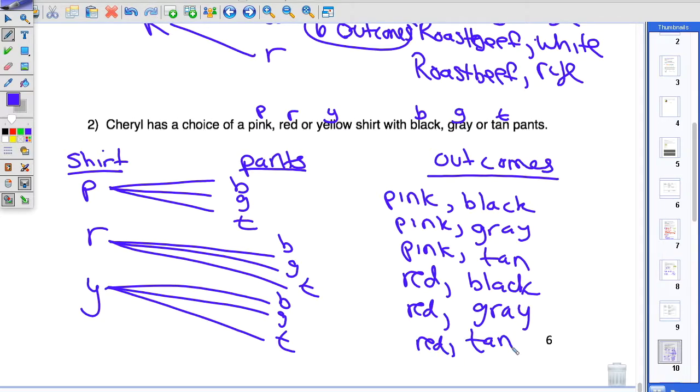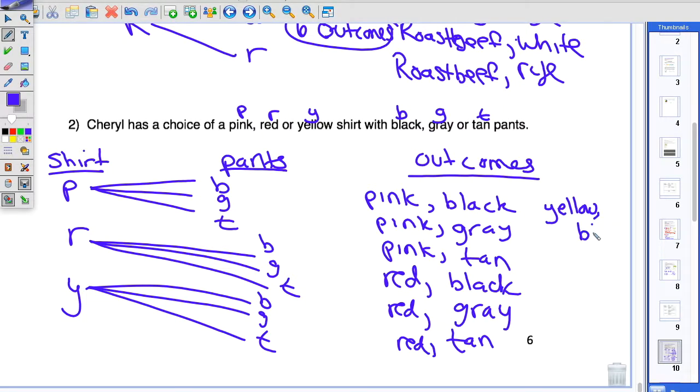Then we have our yellow, and we'll put that off to the side. We have yellow with black, our yellow with gray, and our yellow with tan. So we count up our number of outcomes. We have 9 outcomes.